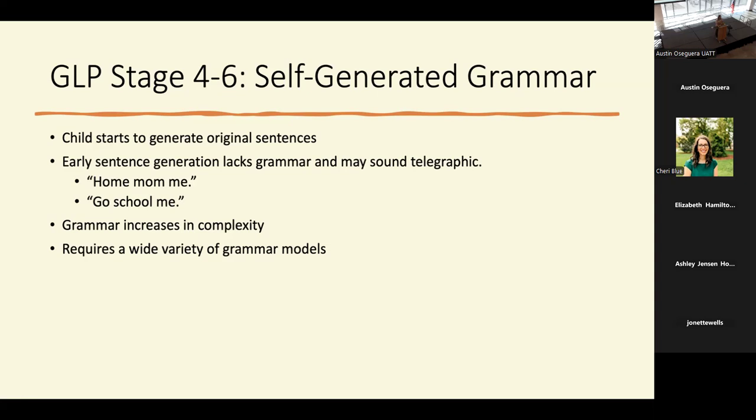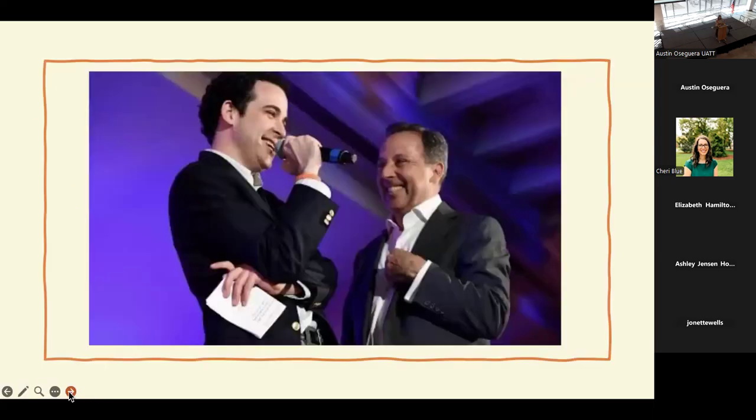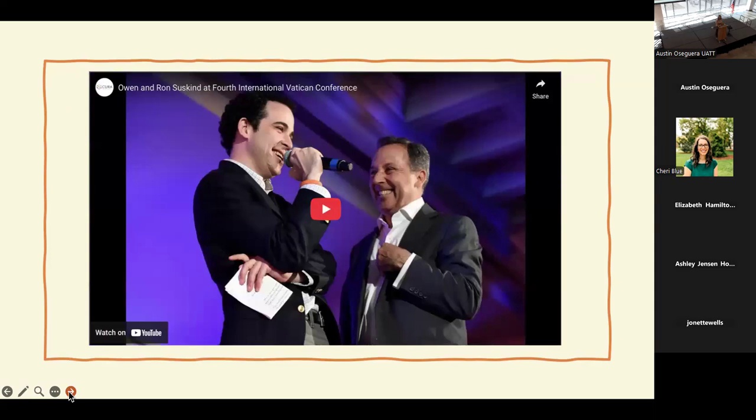And this is when they'll require a wide variety of grammar models, and intervention is going to look really similar to what it looks like for our kiddos who are analytic, I don't want to say typical developing. That was a slip. The kind of intervention we do for analytic language processors, we're using that here, but we just get here after a few more steps.